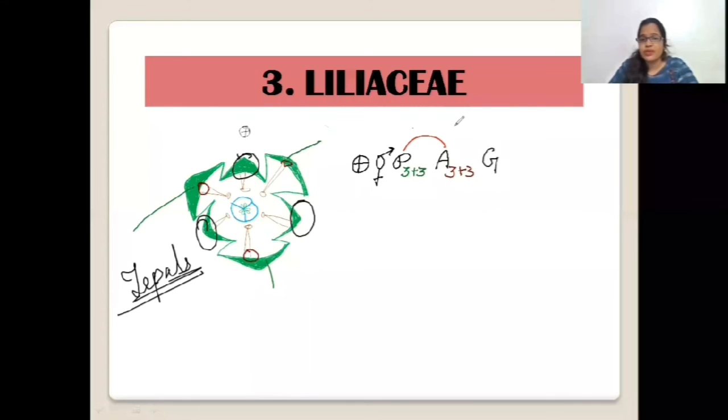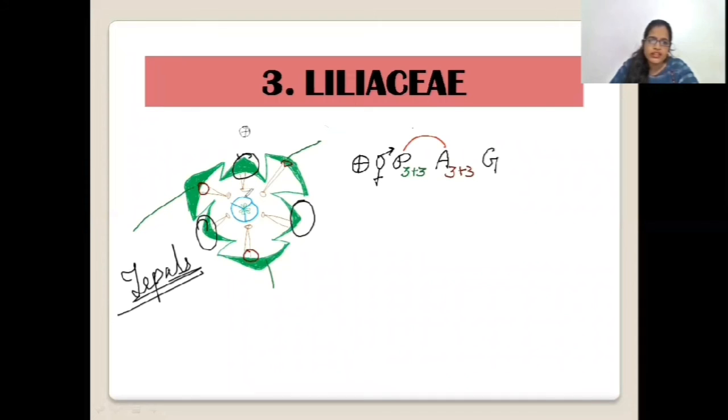So guys, how many carpels are present? 1, 2, 3. 3 carpels are present, and all these 3 carpels are basically fused with each other, as you can see, because the carpels we are going to study in all the families will always be fused, and since Liliaceae is on 3rd position where we are studying, 3 carpels with fused condition are found.